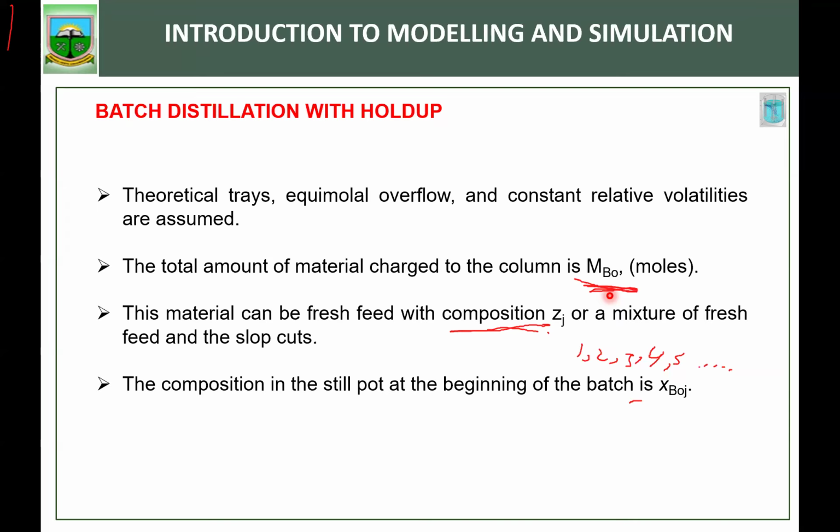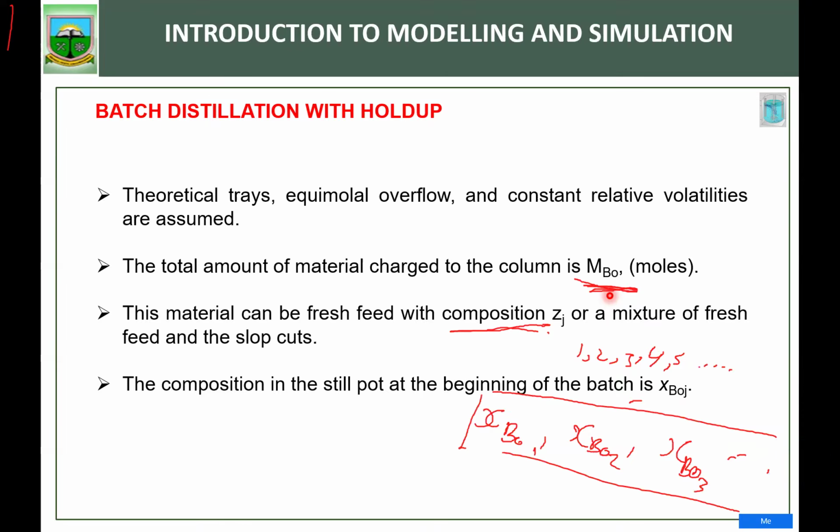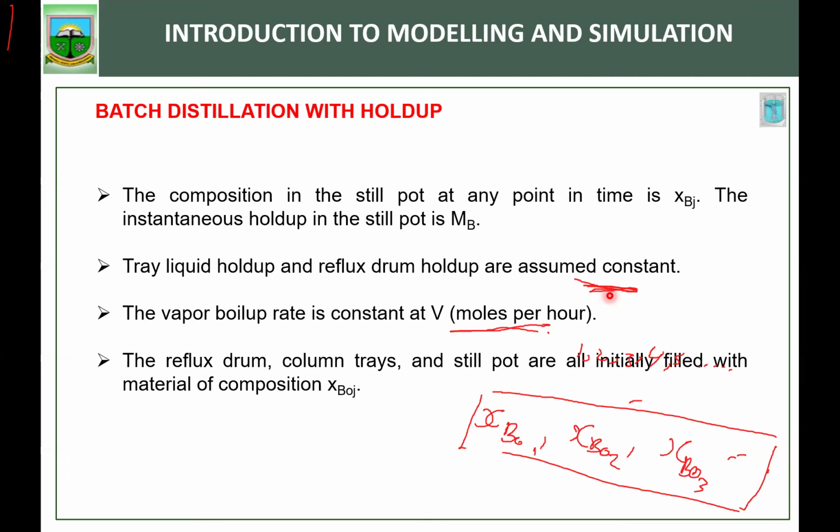So the mole fraction of each, let's say component one, in the reboiler will be XBO1. The next one will be XBO2. Next one will be XBO3. And when we add all this, we get 1, which is the same as the MBO in our system. All right.